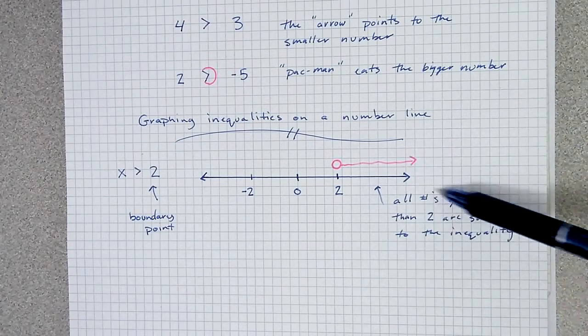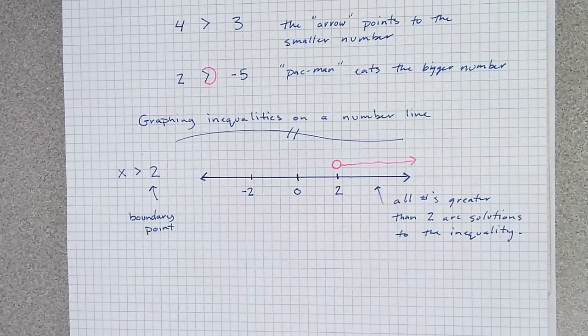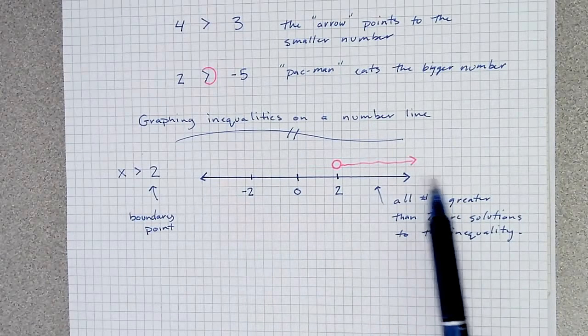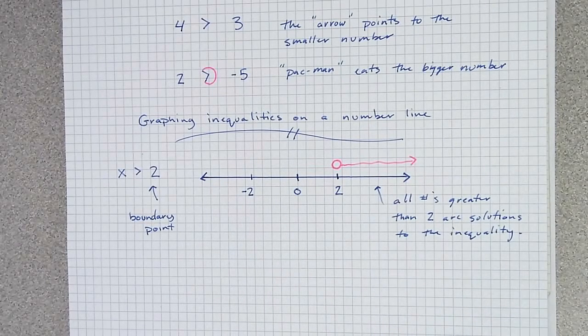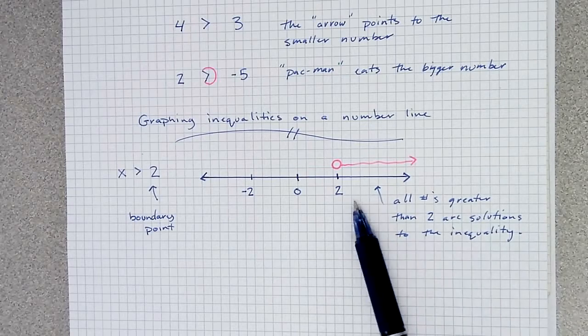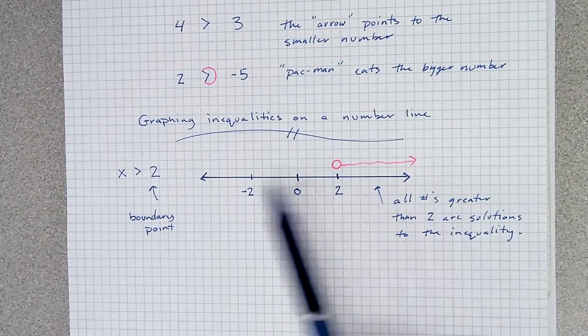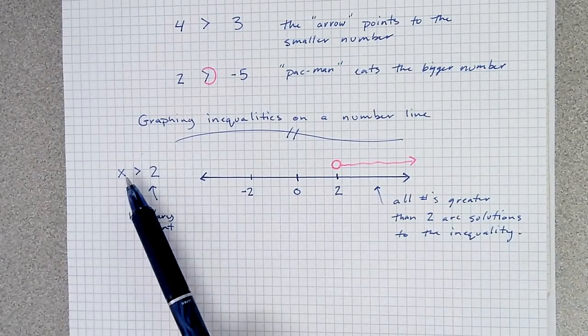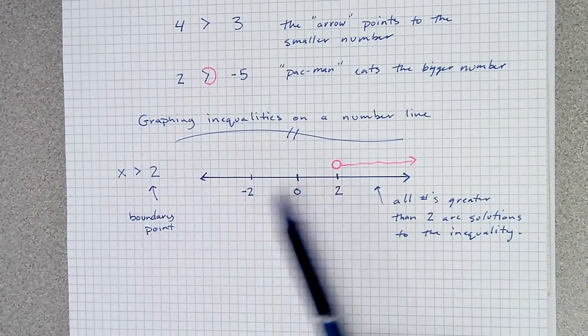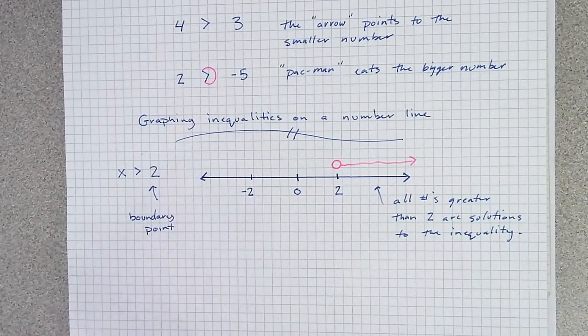So all of the points, if the number line kept going, you got 3, 4, 5, 6, 7, 100, 1,000, a million, so on and so forth. All of those points you can plug in for x, and it's going to give you a true statement. You plug in 3, 3 is greater than 2.